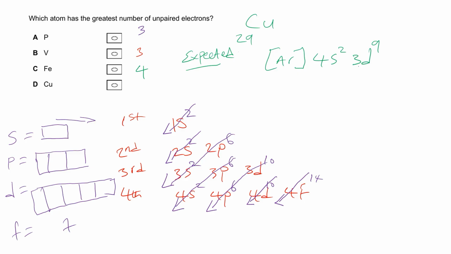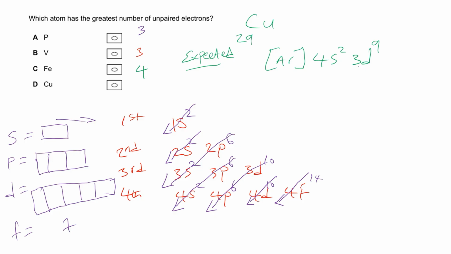Now the exception is this. As you can see here, the d orbital has 9 electrons. Okay, so it's unstable. All right, in a nutshell, most of these orbitals want to be stable.